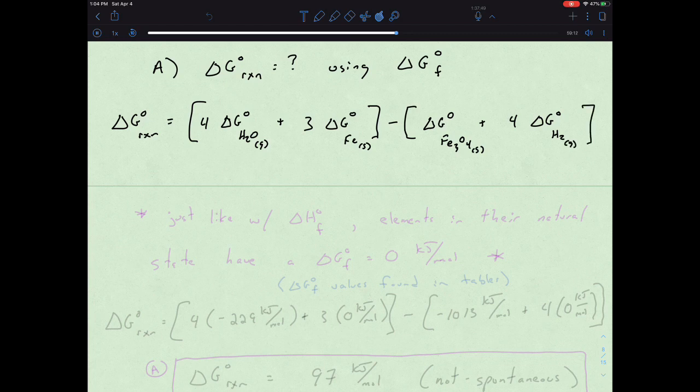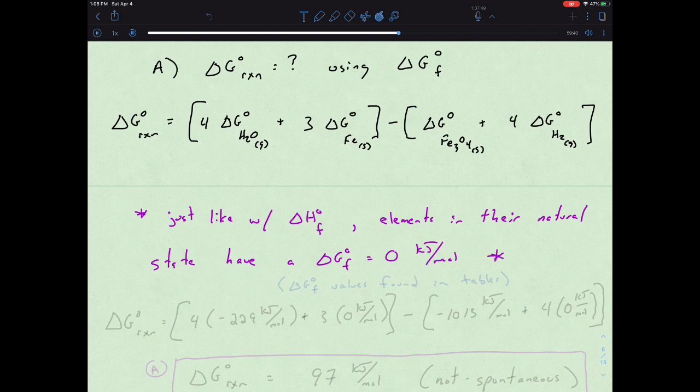One thing to note, just like with delta H of formation, elements in their natural state have a delta G of formation equal to actually 0.